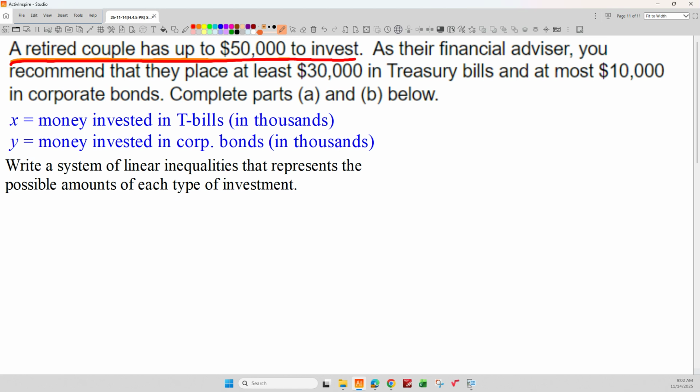Okay, but how do I turn that into a mathematical operation? Or what does that mean mathematically? The total of those two investments. I don't know if I'm asking very good questions here.